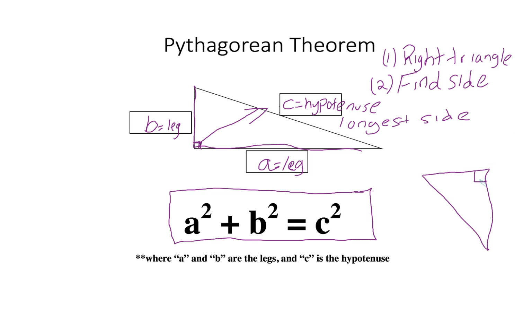Now this is my right angle here, and if I draw a line, it's touching this side. So I know that side is my C, which means this is a leg and this is a leg. And really I don't care where I put the A or B, as long as I'm able to identify they're your legs. And remember, you have to square your legs and add them together, and you're going to get the square of the hypotenuse.